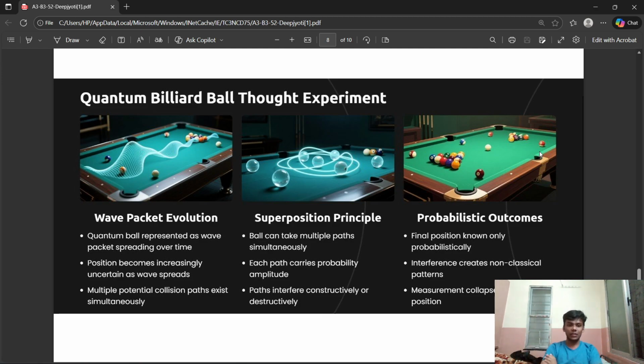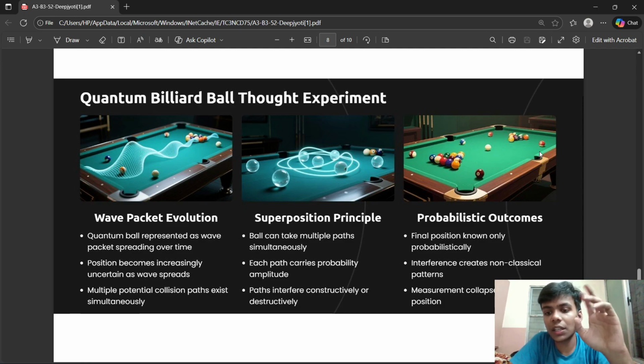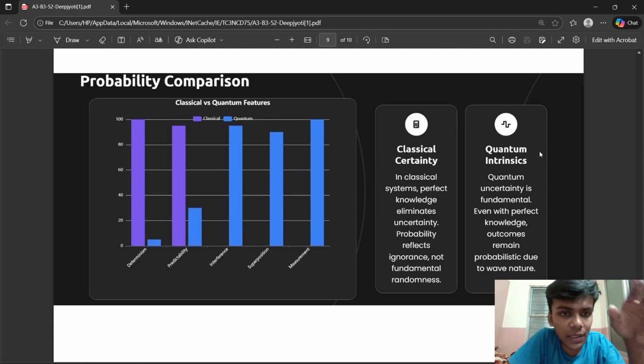Multiple potential collision paths exist simultaneously in the wave packet. Paths interfere constructively or destructively in superposition, while measurement collapses to a definite position in the probabilistic outcome. Here you can see the graph of probabilistic comparison, where classical versus quantum features are shown as bar graphs.